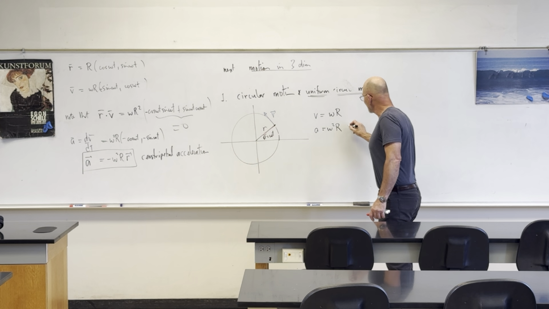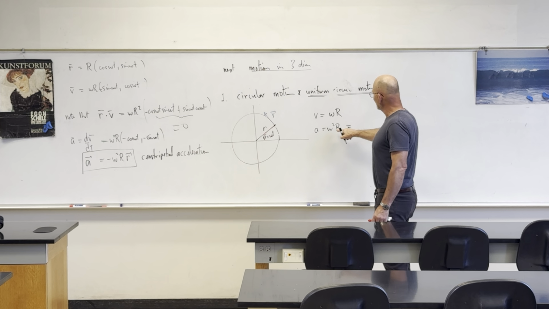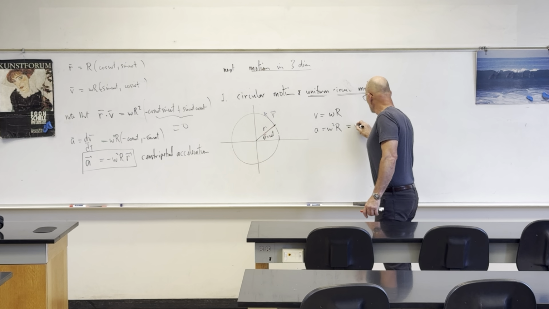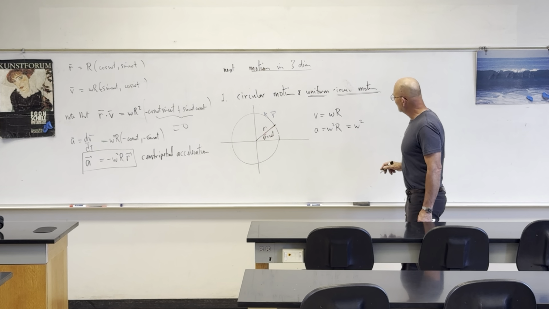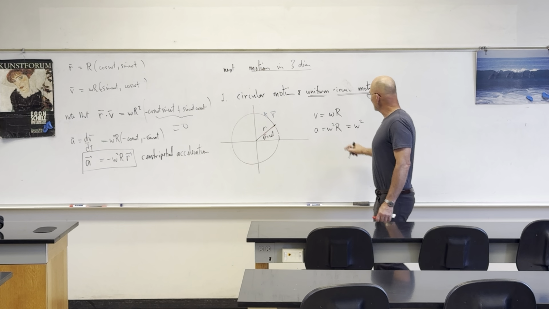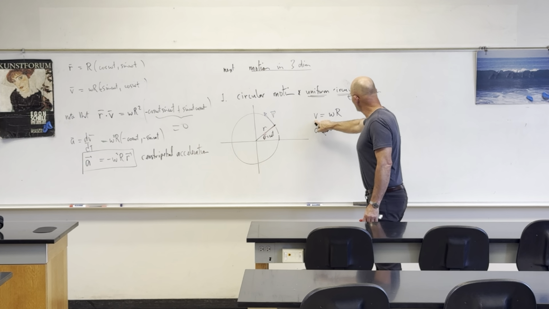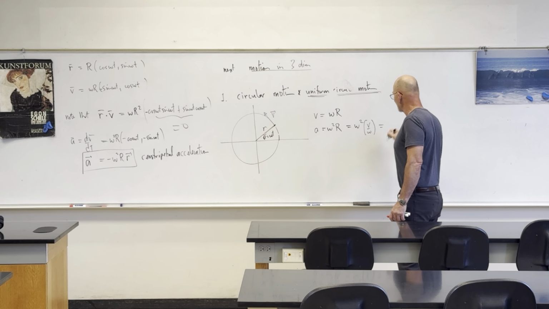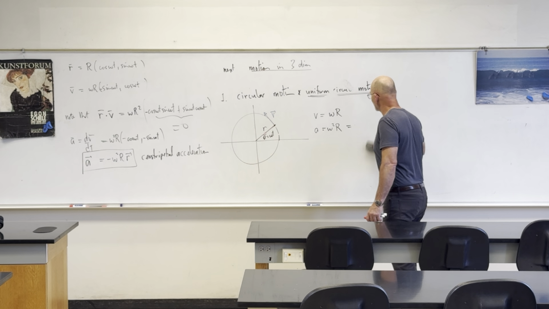So this is where we can take the omega squared, and we can take the R as being V over omega, and we end up with, I got that backwards, sorry, let's do it right.